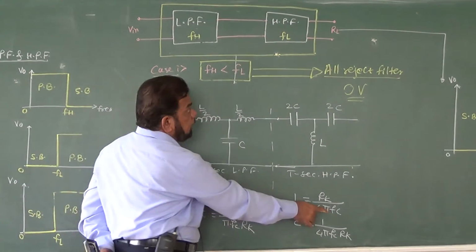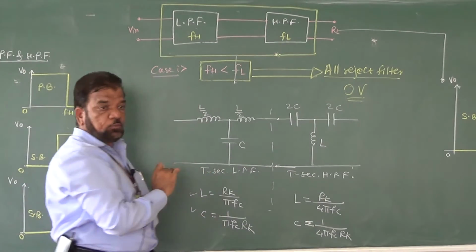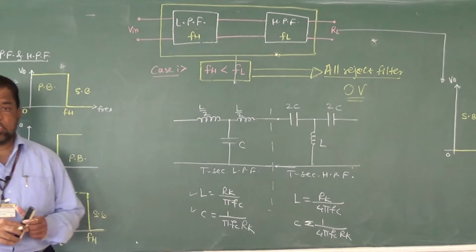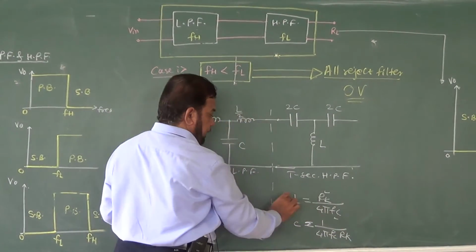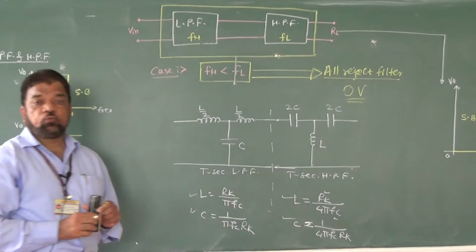Now this Fc is nothing but your FL. The notation we have used as FH and FL. So knowing the value of Fc, knowing the value of design impedance, you can calculate the values of L and C.